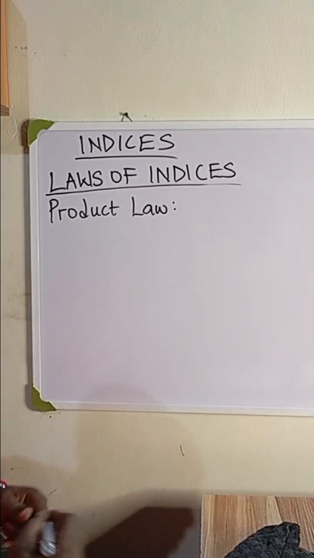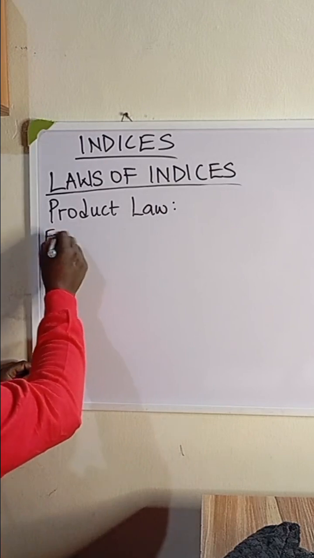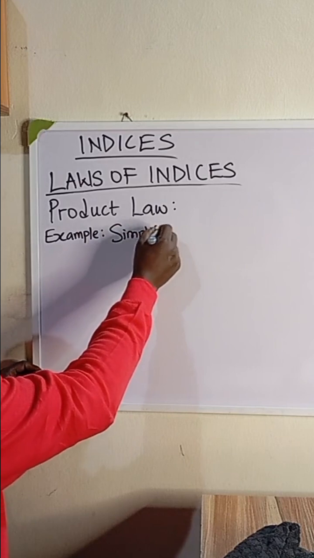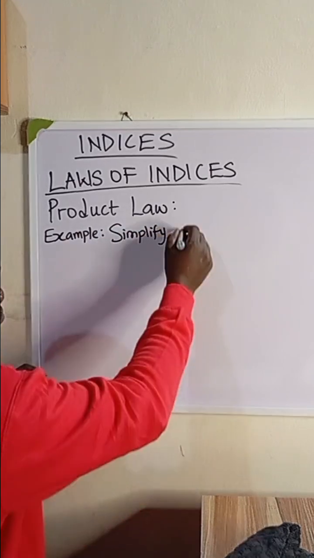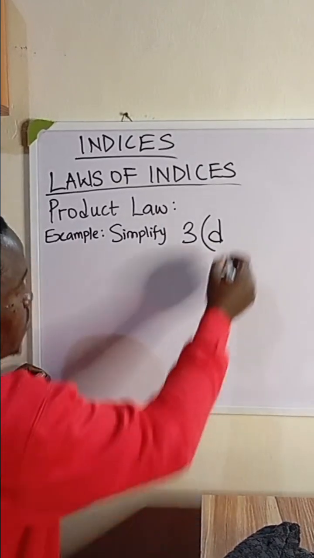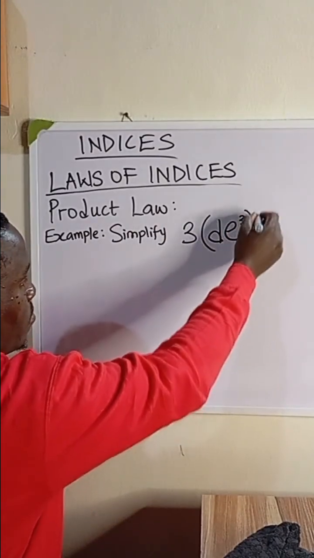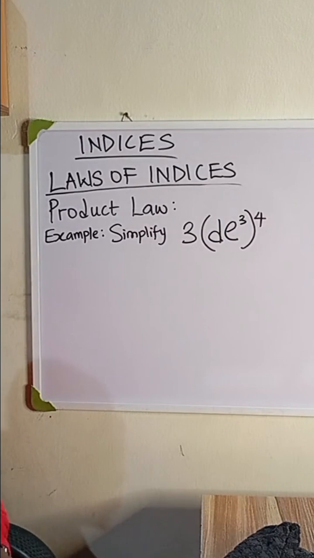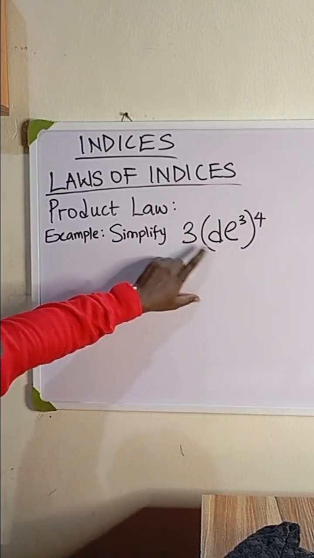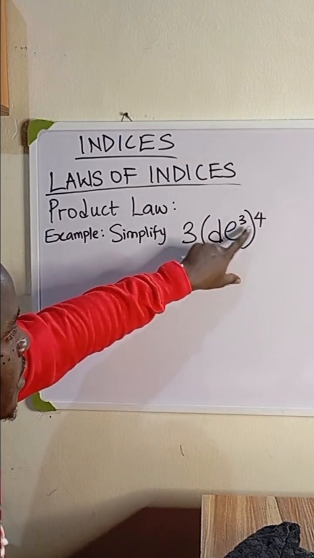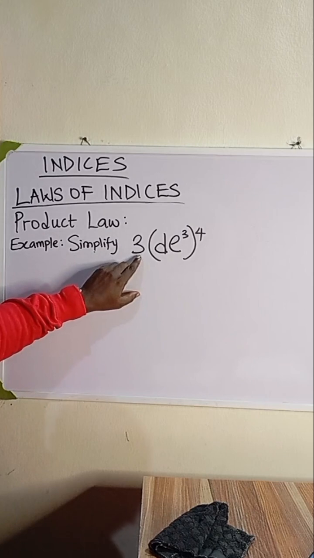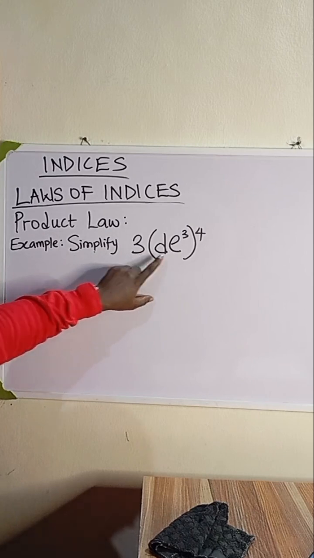Okay, so let's look at another example. Here we have 3d e to the power of 3, and then we have 4. We have 3d e to the power of 3 raised to power 4.